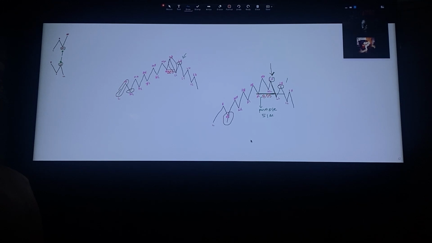And now that we know the pattern, it enables us to become profitable almost all the time too. Makes sense?